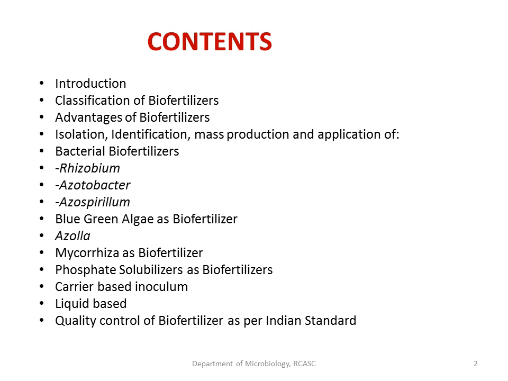Let us study what these biofertilizers are and how they have been classified, the advantages of biofertilizers, and the isolation, identification, and mass production of the different biofertilizers, like bacterial biofertilizers such as Rhizobium, Azotobacter, Azospirillum, blue-green algae, Azolla, fungal biofertilizers like Mycorrhiza, that is VAM, phosphate solubilizers as biofertilizers, carrier-based inoculum, liquid-based inoculum, and quality control of biofertilizers as per Indian standard.